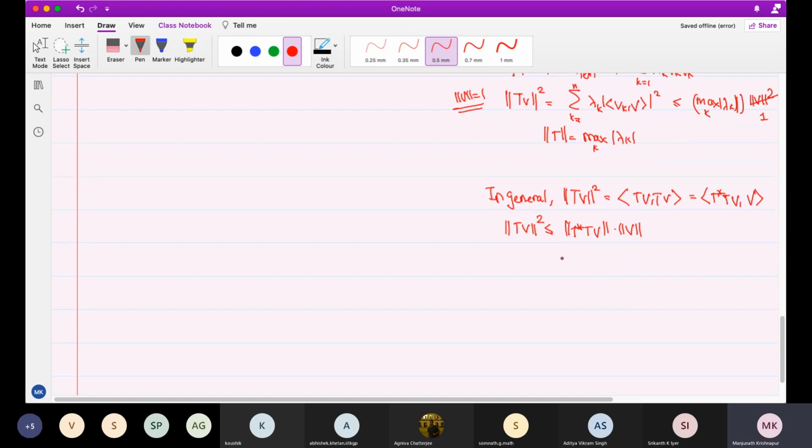And we have seen T star T is a Hermitian operator, and it's also positive semi-definite. Not only is it Hermitian, but it has non-negative eigenvalues.